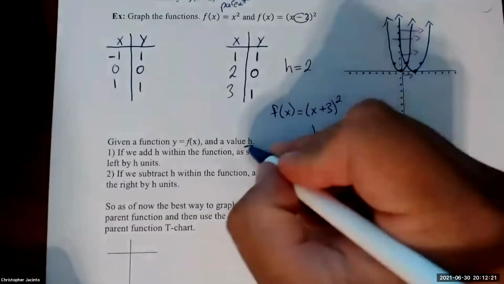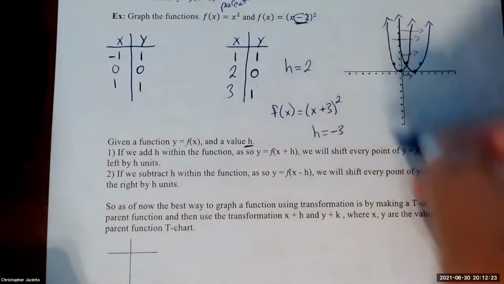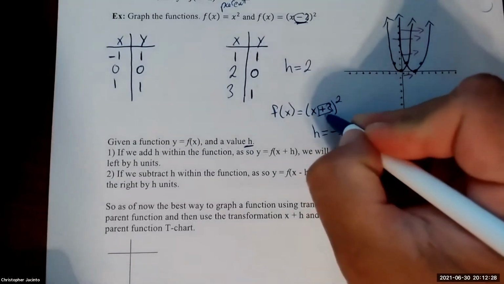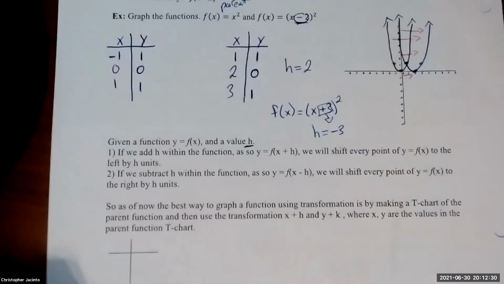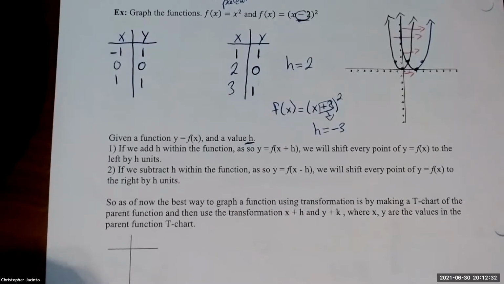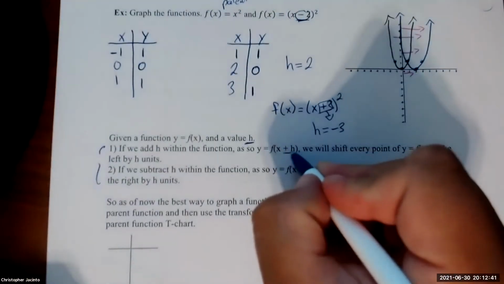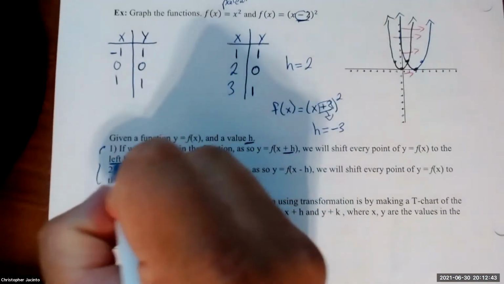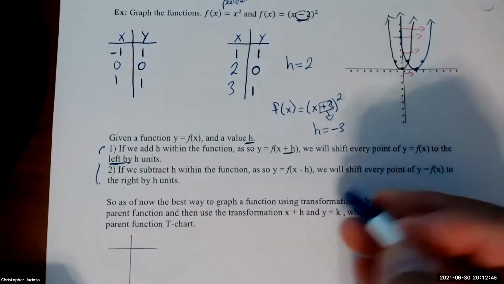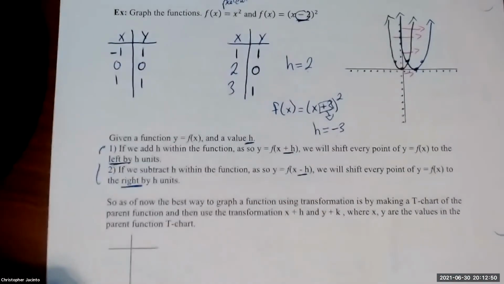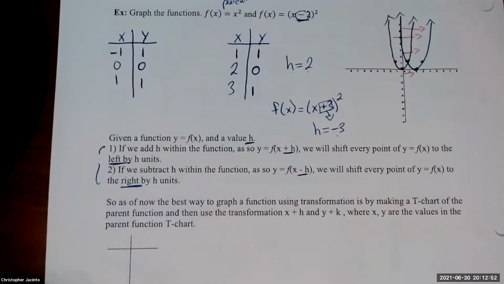So when it comes to the h value, so the value inside the parenthesis, inside the radical, inside the absolute value, essentially that portion, it's always the opposite sign you actually see. So it's a little tricky because it's not as straightforward as the k value itself. Okay. So again, I just gave you guys a brief cursor, right? So if I have +h, you're technically moving to the left because it's minus. If you have minus h, you're moving to the right because it's a positive h. Okay? So that's what you got to be very careful of when it comes to it.